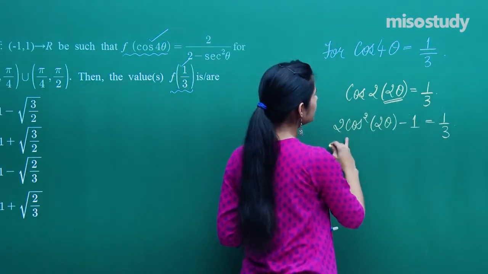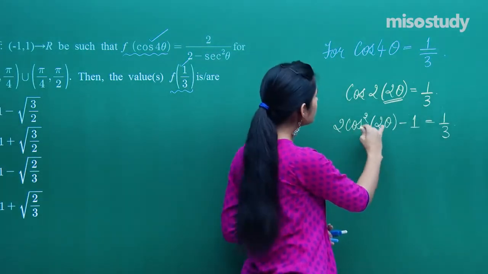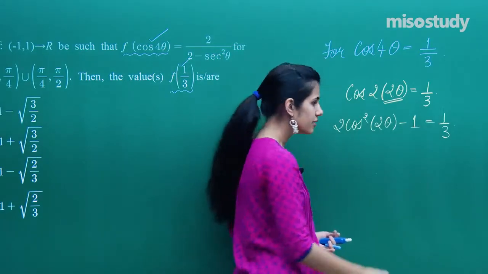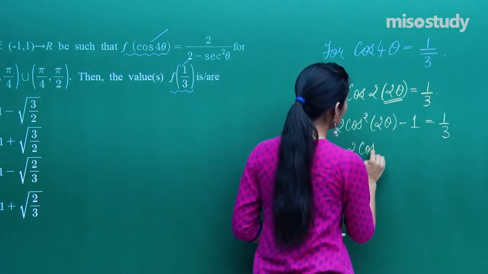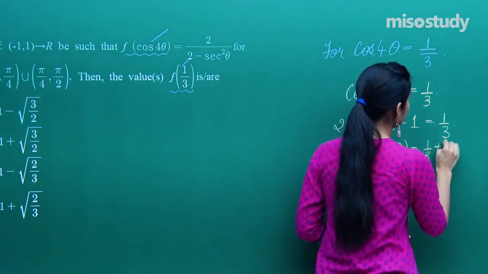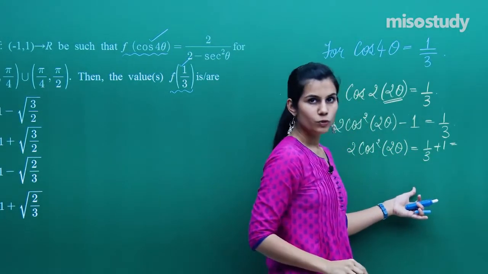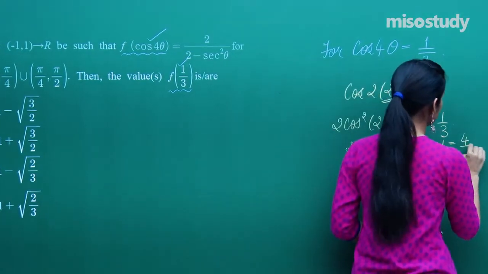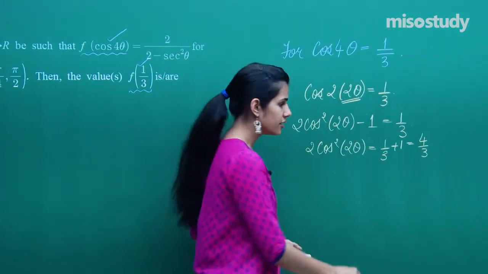Cos 2 theta is 2 cos square theta minus 1. So this means 2 cos square 2 theta equals 1 by 3 plus 1, which is 4 by 3.